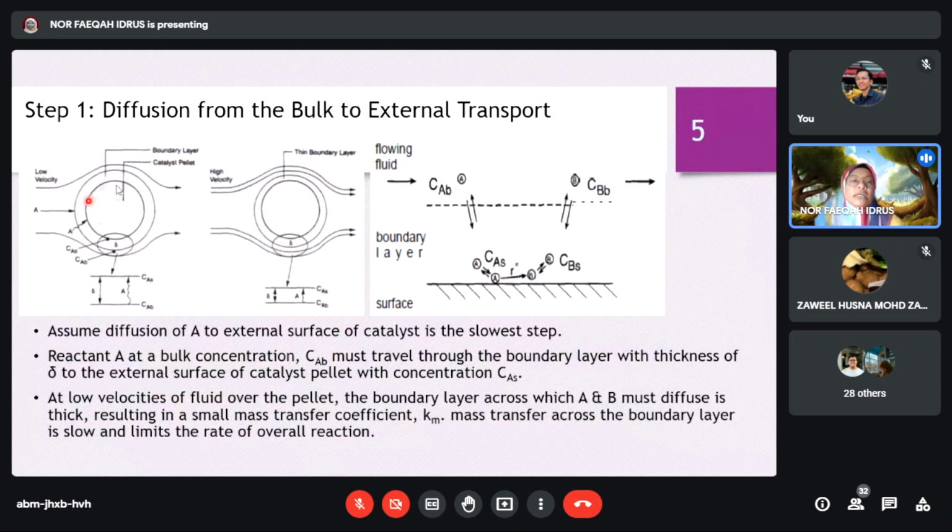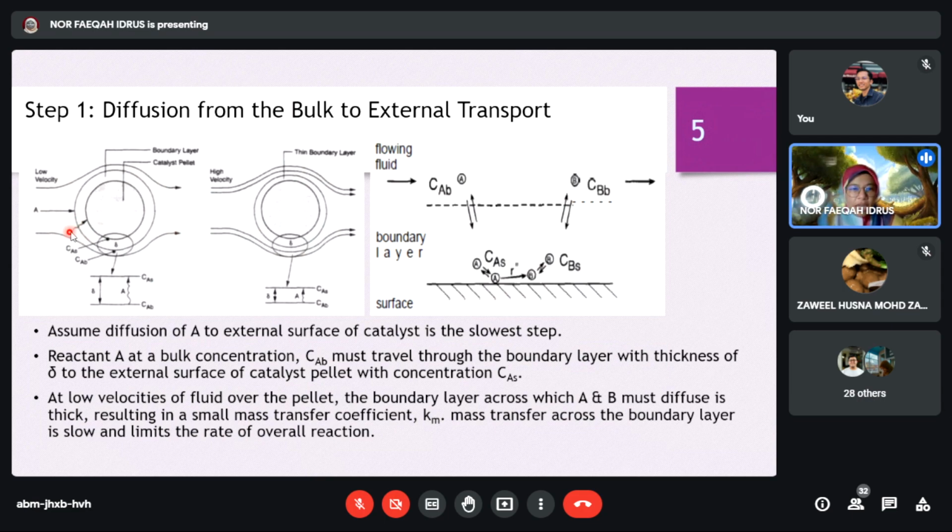Now we look at step 1, diffusion of reactant from bulk fluid to the external surface. So this is your catalyst and this is the bulk fluid. The other area is bulk fluid.